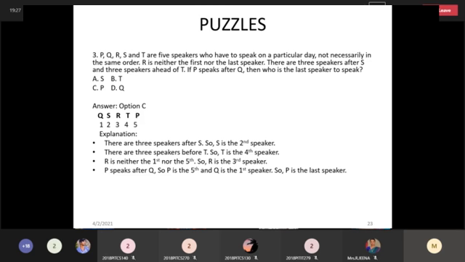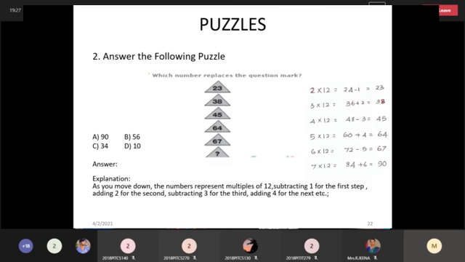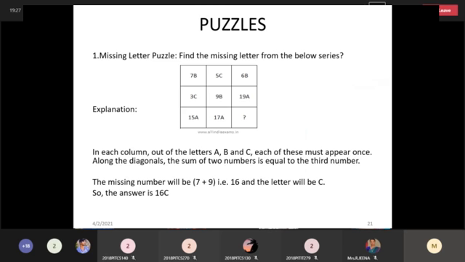So like these questions, they can similarly ask you in the GATE aptitude test. Then replacing the numbers, the question mark: what will be the number coming at last, and then missing letters from the below series. For each column, they have given letters like A, B, C, or D, E, F, or G, H, J, like that the series they can give.